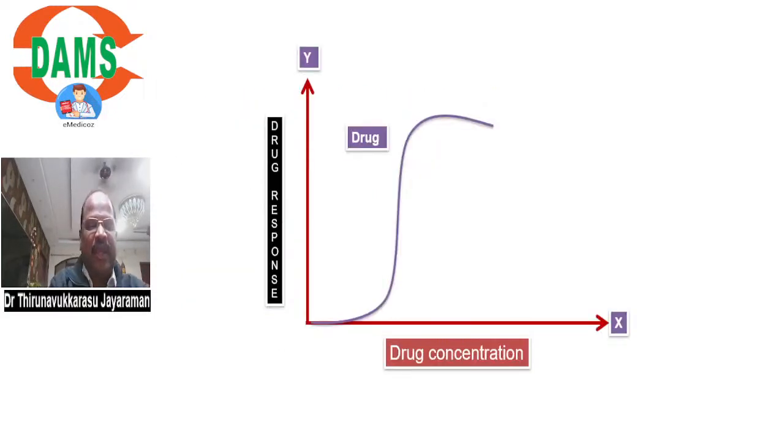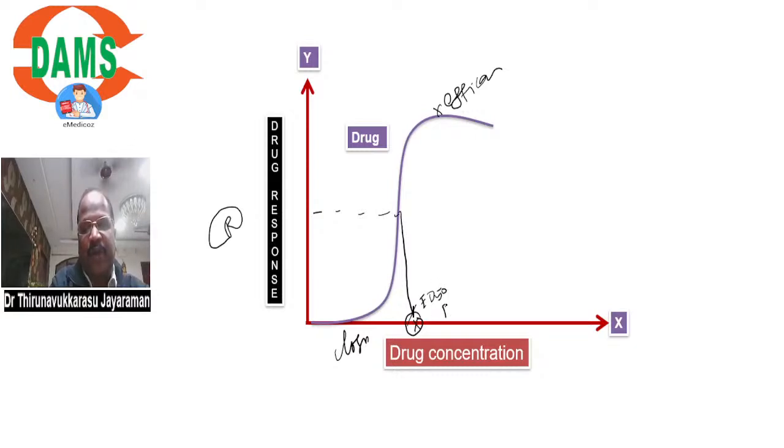Look here. Imagine it's a log dose response curve, with log dose and response. Here the height is called efficacy, and the dose at which you get 50% response is known as ED50, called potency.